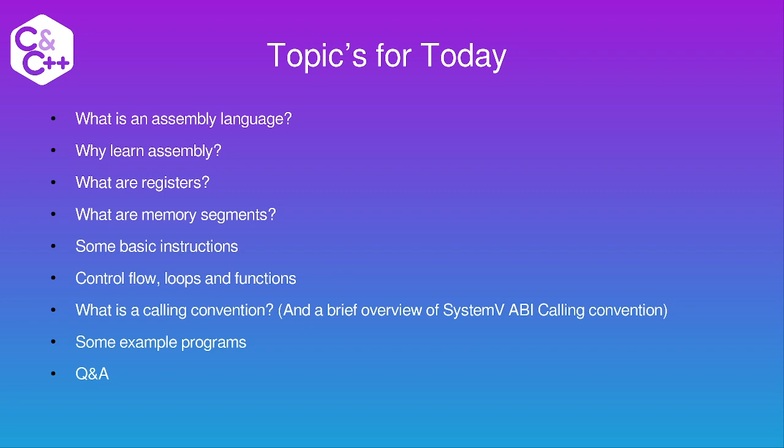So in that category, we're going to look at what are registers, what are memory segments, and we're going to learn some basic instructions, build some very basic programs with them.